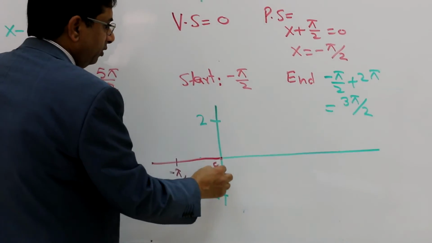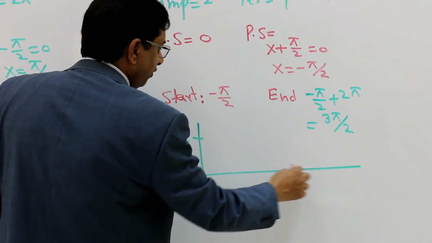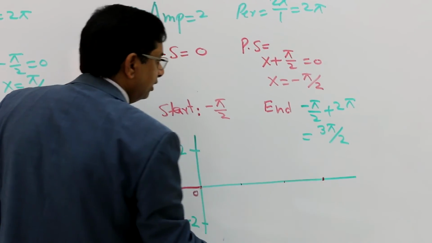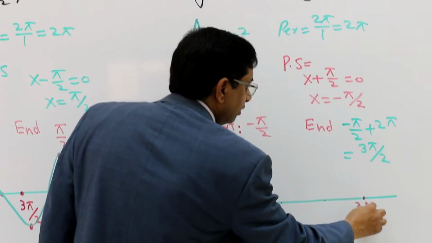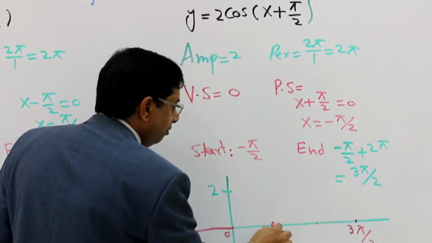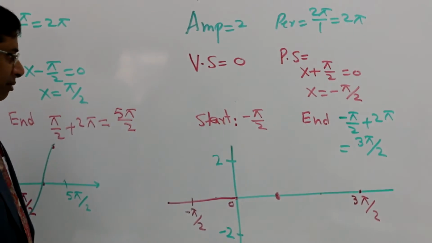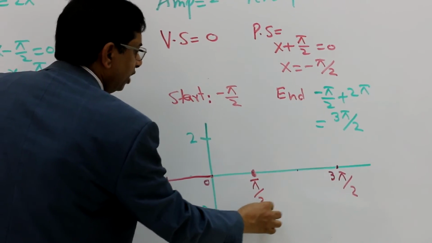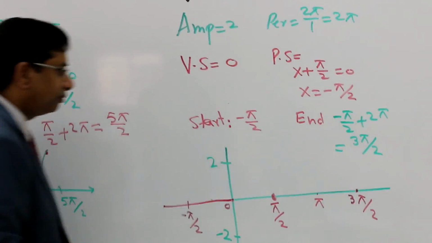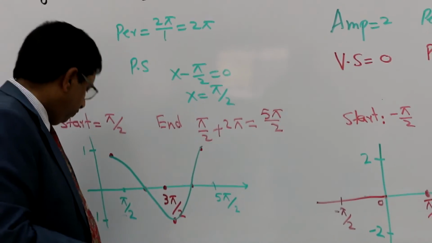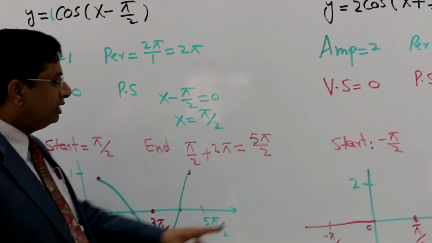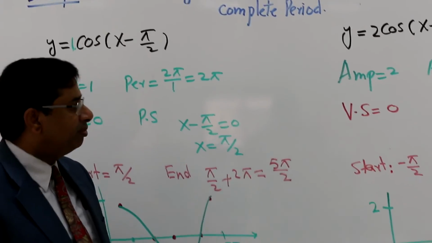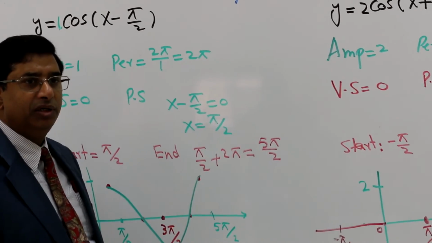And then this is 0, and you know the last end point will be 3 pi over 2. And mark the midpoint of this one, and midpoint is equal to pi over 2, and this is pi. Now we complete this graph, and this graph is starting from negative pi over 2 and ending at this point, 3 pi over 2.